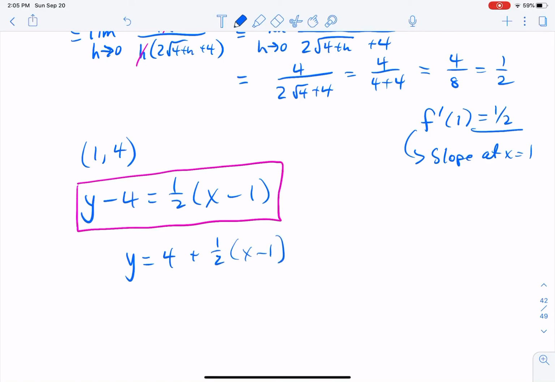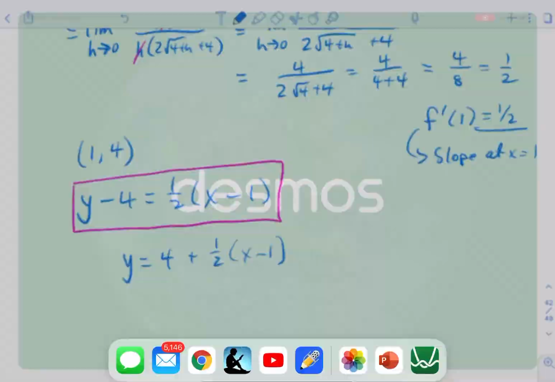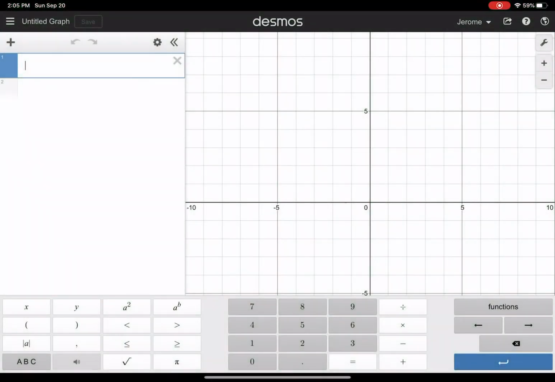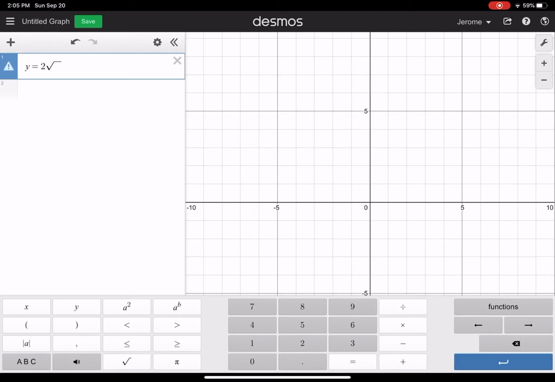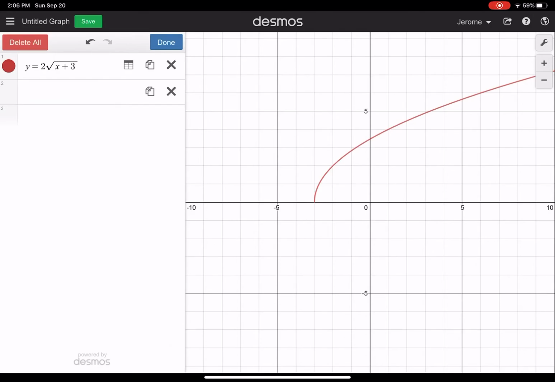All right, let's see. Decimals. Graphing calculator, our equation originally was y is equal to 2 times the square root of x plus 3. There we go. And it's red. That's not going to work for me. Red's the color of a tangent line.